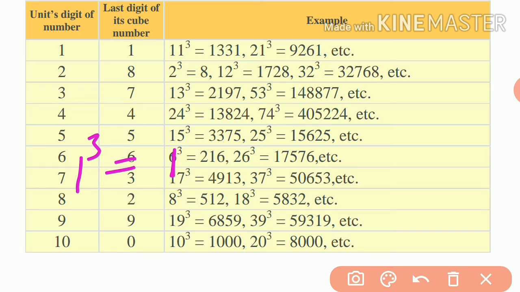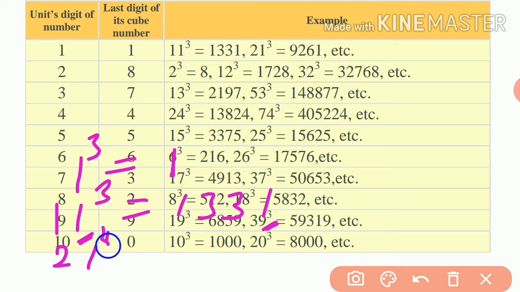Similarly, the cube of 11 is 1331, and here the ones digit is 1. Similarly, suppose the cube of 21, the cube of 21 is 9261. Here the last digit is 1, and in this too the last digit is 1.